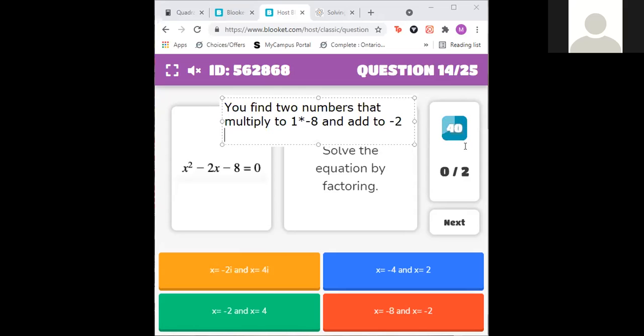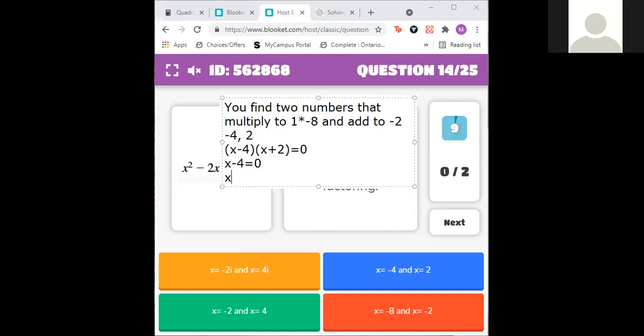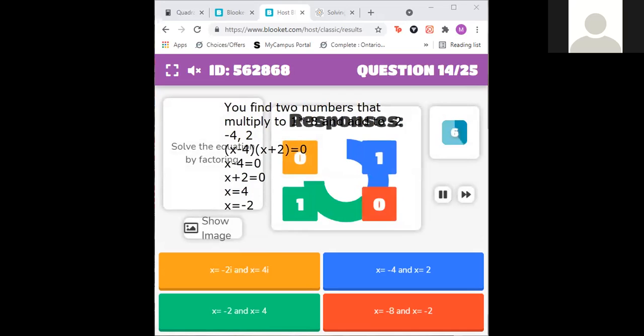So what would be two numbers that multiply to -8 and add to 2? -2... 4... Oh, so -4 and 2. So then it would be x minus 4, x plus 2. And then when you set that equal to 0, x minus 4 equals 0, x plus 2 equals 0, x equals 4, x equals -2. Yeah.